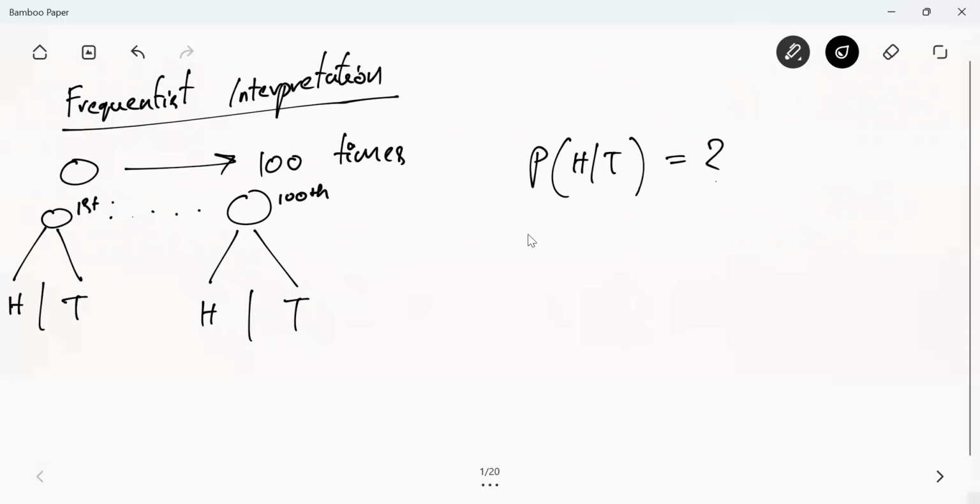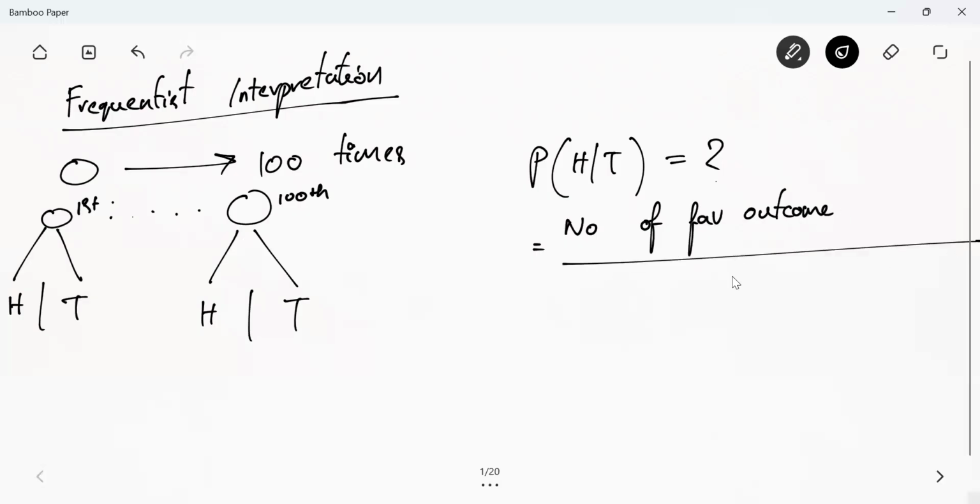If you want to know, you just have to focus on a particular formula, that is the number of favorable outcomes divided by the total number of outcomes. So with the help of this, imagine you have flipped a coin.